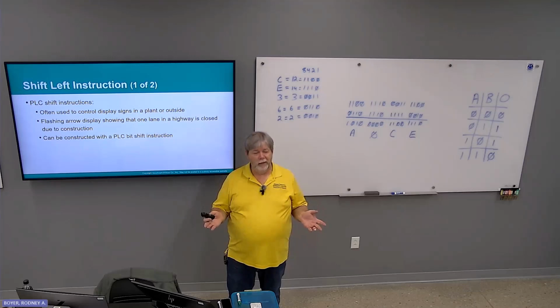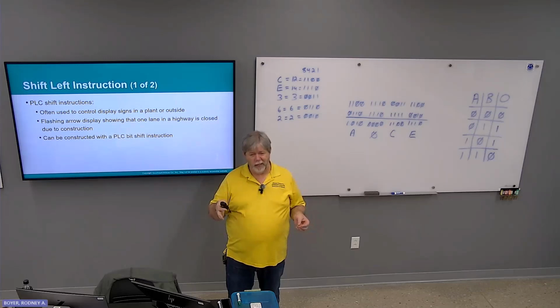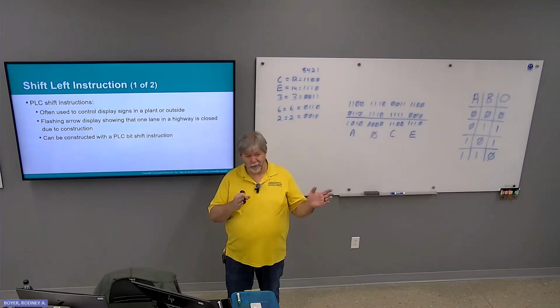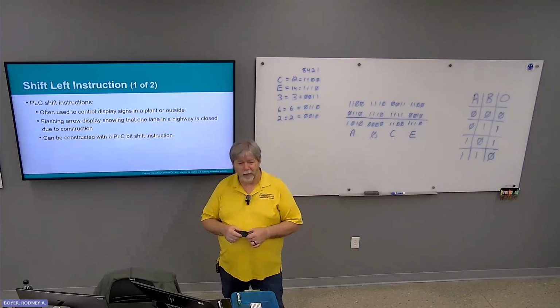Why in the world would you need to do a bit shift to turn on the light that says the left center lane is closed? It's not going to move. That's what the bit shift is for, to move the bits through your data file.